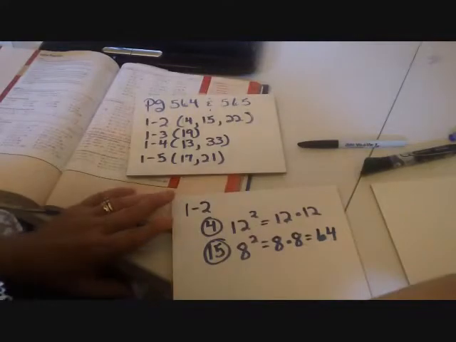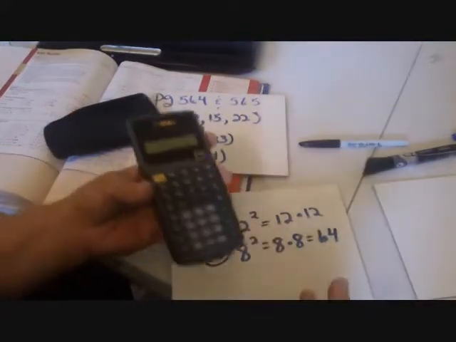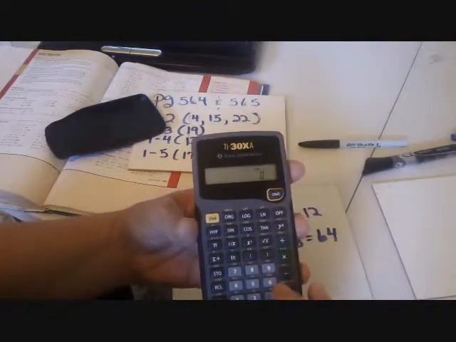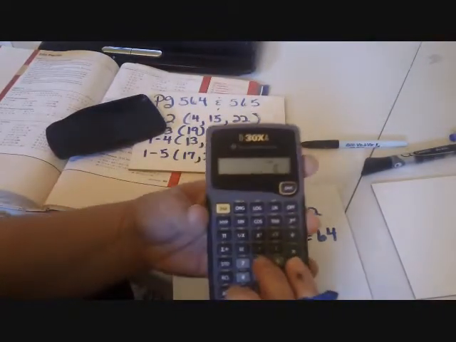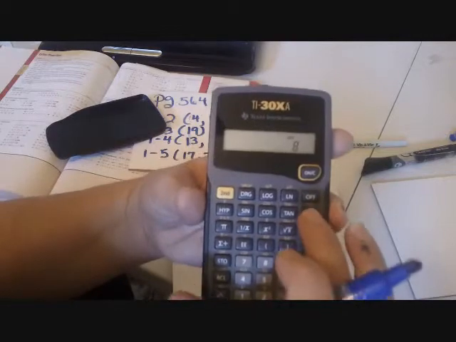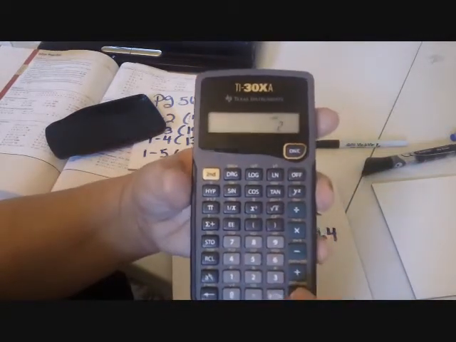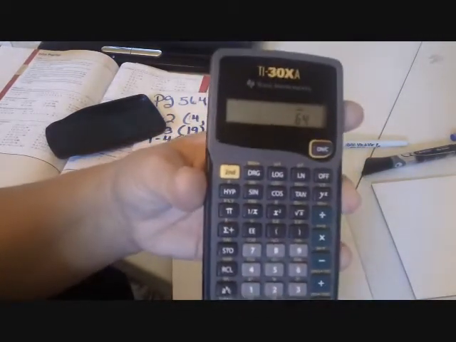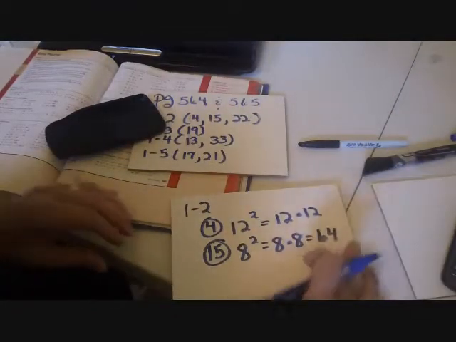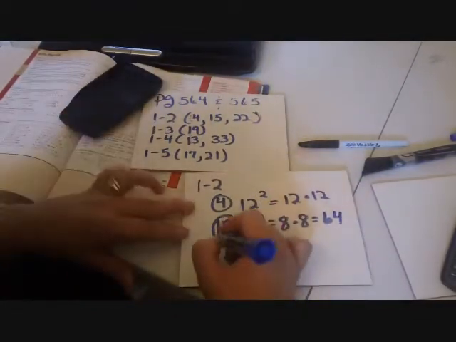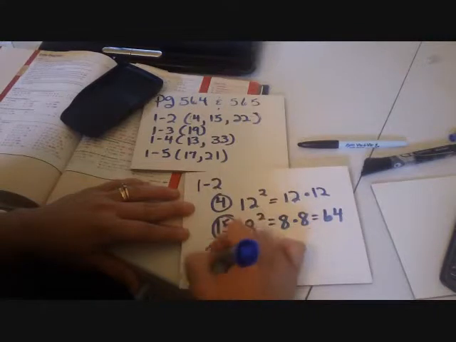And I think it's important that we understand how to put that in on a calculator so we don't make silly errors. When we put it in a calculator, we go 8, y to the x, 2, equal, and it will give us our answer. That's very important.